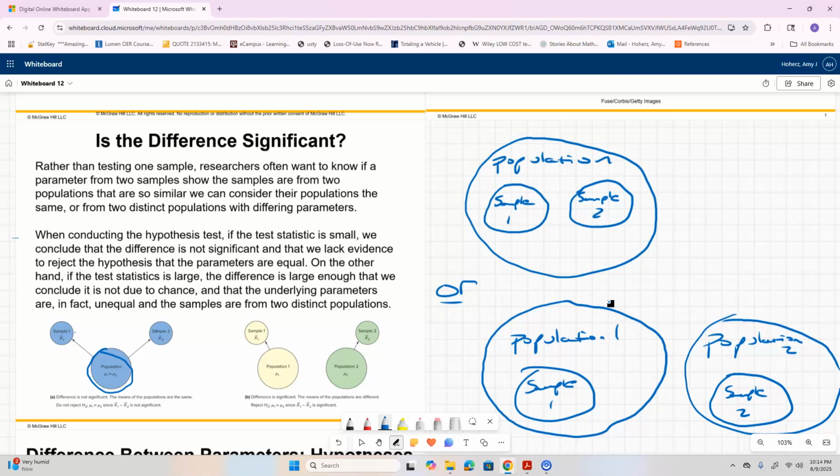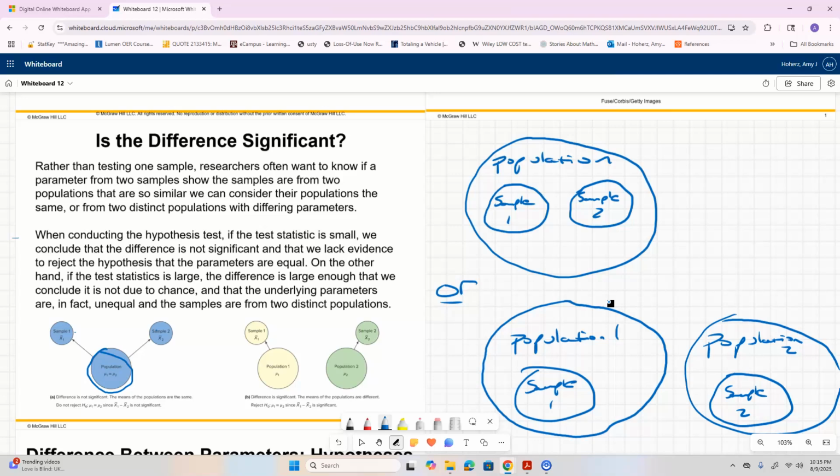So when conducting the hypothesis test, if the test statistic is small, we conclude the difference is not significant and we lack evidence to reject that they're equal. On the other hand, if the test statistic is large, the difference is large enough that we conclude that it's not due to chance and that the underlying parameters are unequal, samples from two distinct populations.